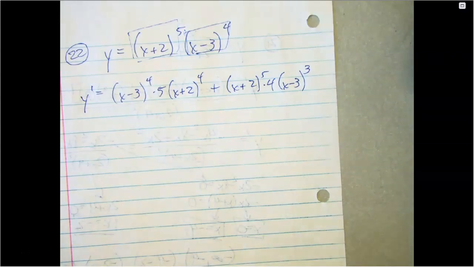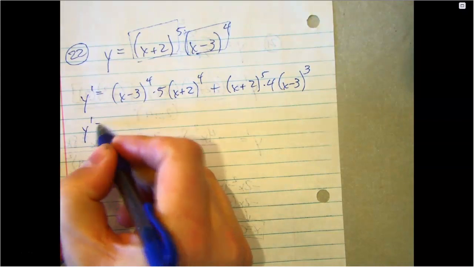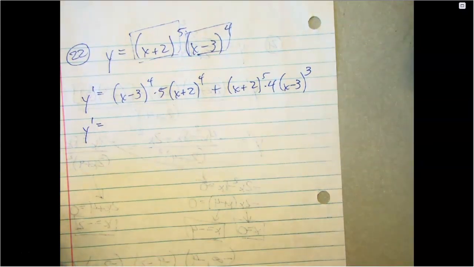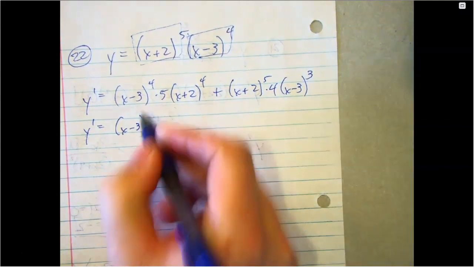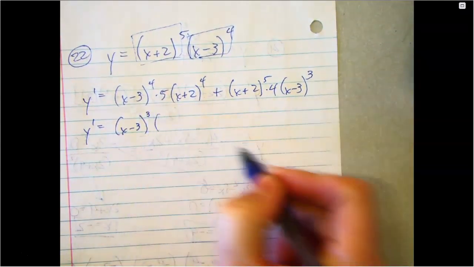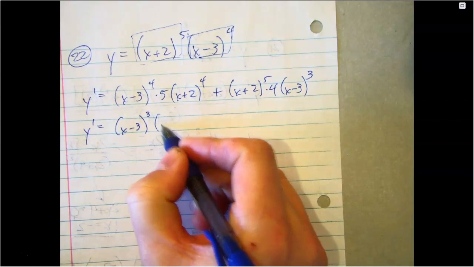So this is why we had you practice getting things into one term. So this is where we're going to factor out chunks, like that reverse distributive property thing. So how many x minus 3's can I pull out in front? 3 of them. Oh, I remember. How many x plus 2's? 4.